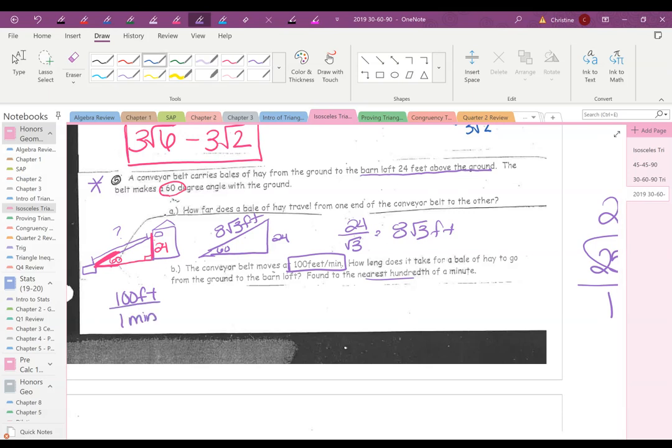Now, this is only traveling 8√3 feet. So you should be thinking to yourself that it's going to be less than 1 minute. So here's where I'm going to say, let's get this answer as a decimal. Oh, I need a calculator. Hold on.